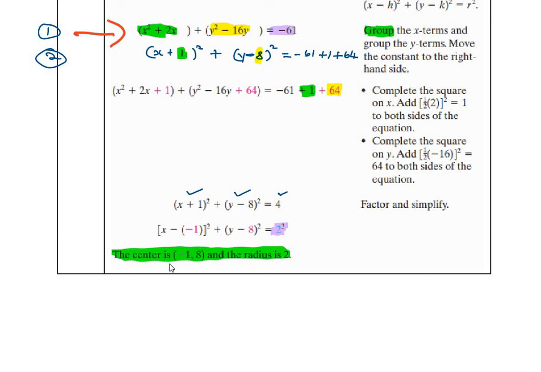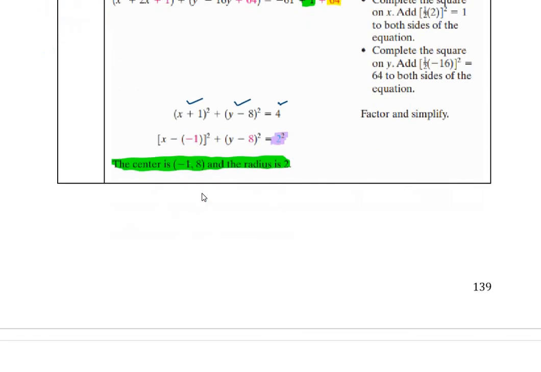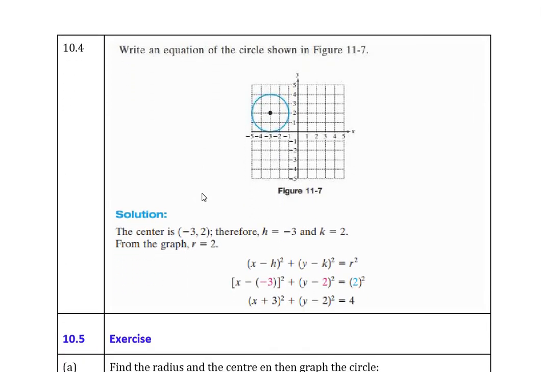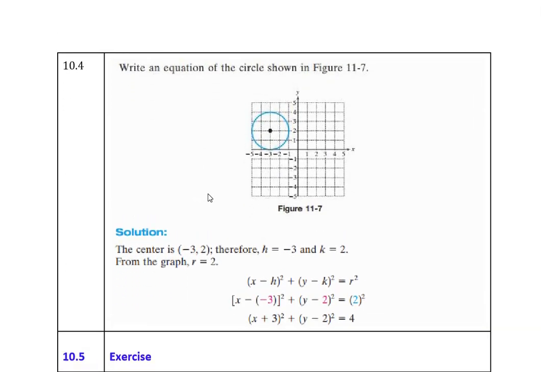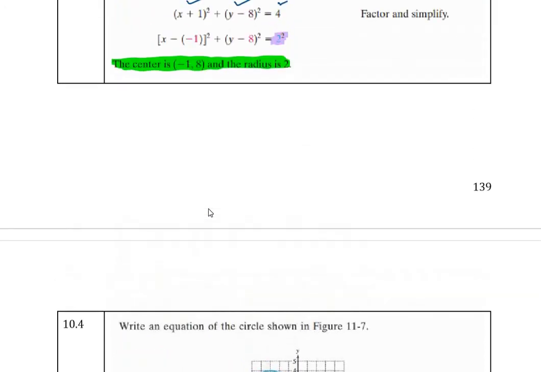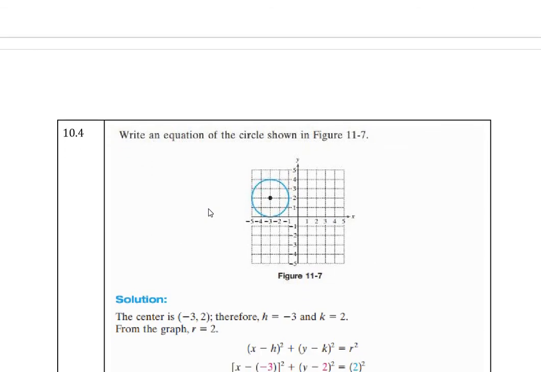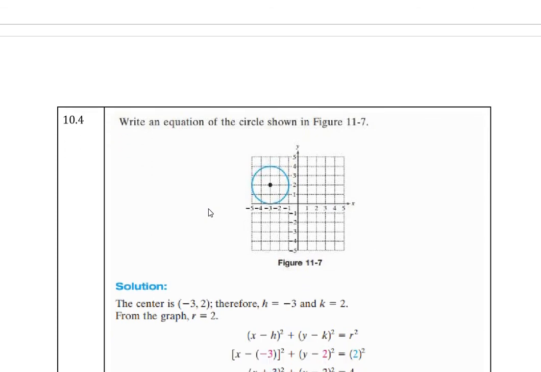But our initial approach will always be to first find the center and the radius of the circle, because then we can draw it, etc. Okay, so if we need to draw it now, we will say, okay, we just saw that the center is -1, 8 and the radius is 2, and then we will draw it.